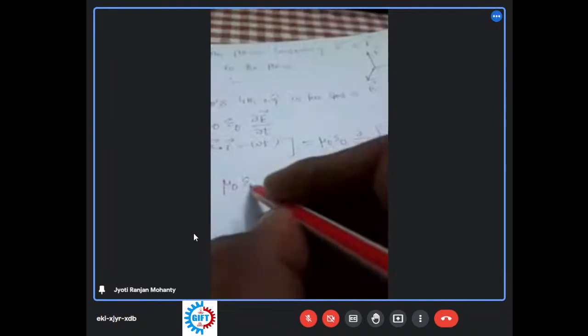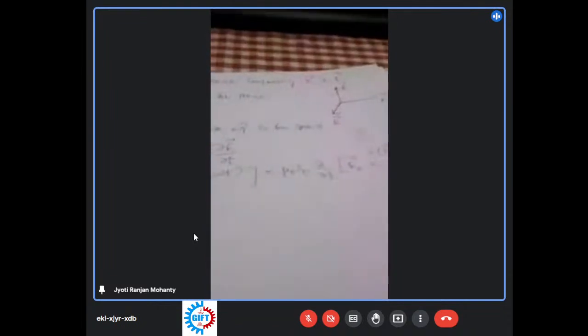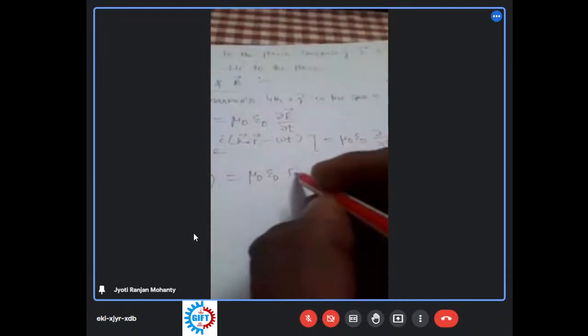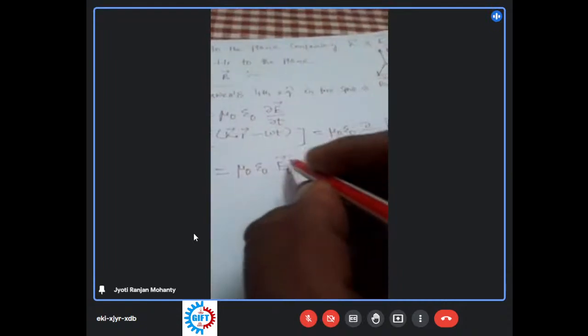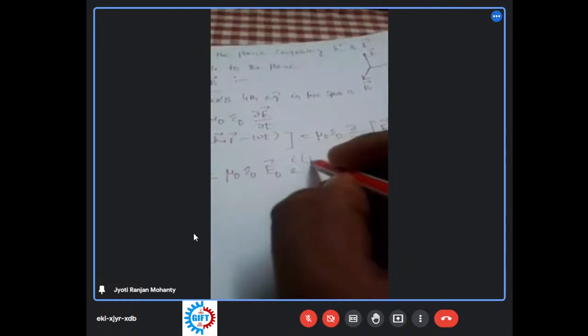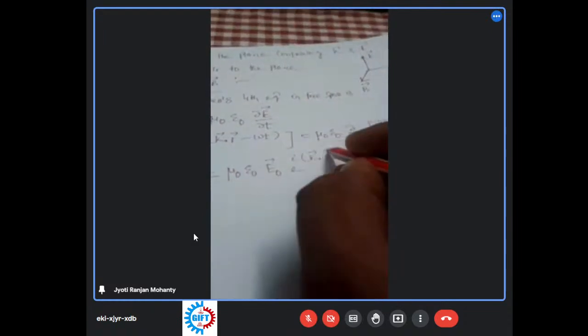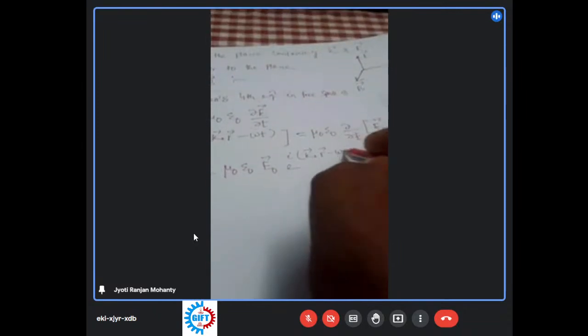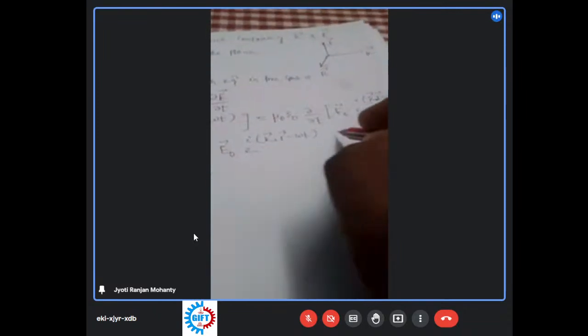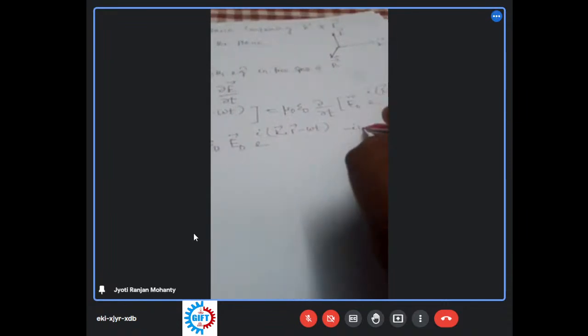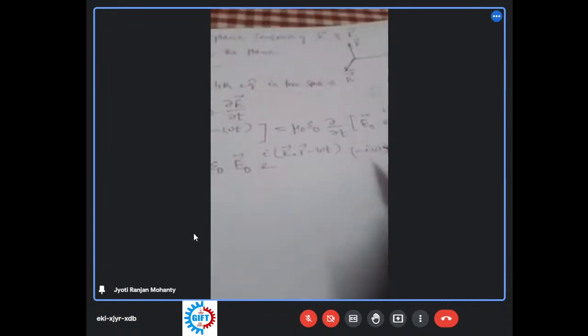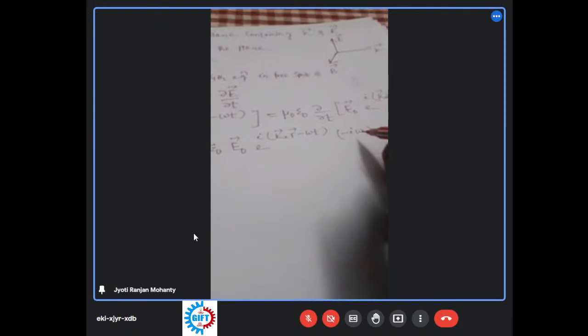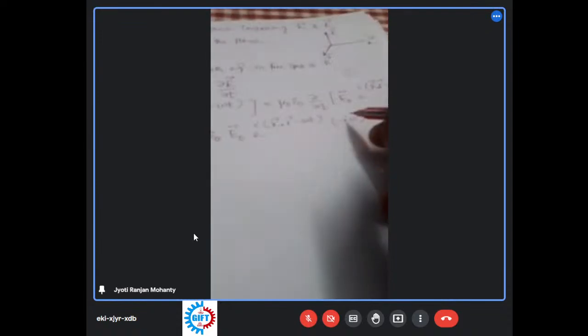Mu naught epsilon naught, if you take the derivative, E0 is constant, e to the power i (k dot r minus omega t) into minus i omega with respect to t. Understood?